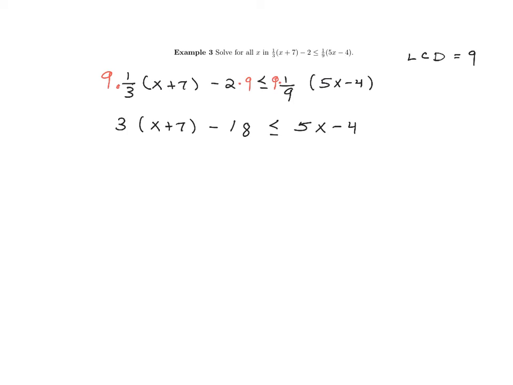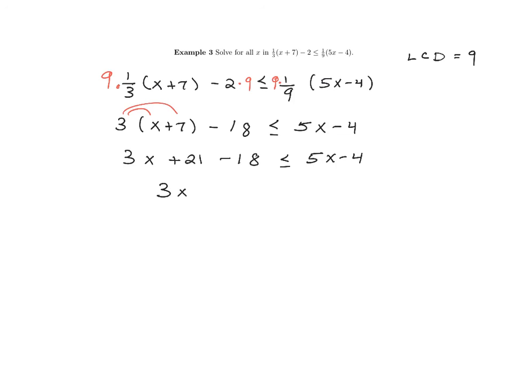So again, just continuing like we would with a linear equation, I'll distribute the 3 into the parentheses, and we have 3x plus 21 minus 18 is less than or equal to 5x minus 4. Okay, maybe now I'll simplify both sides.